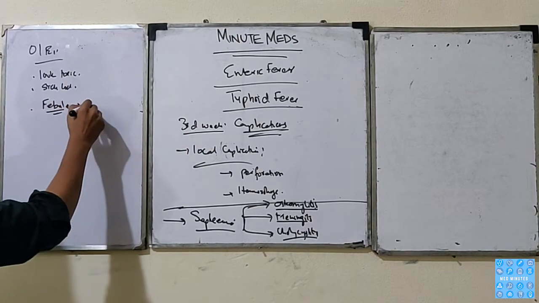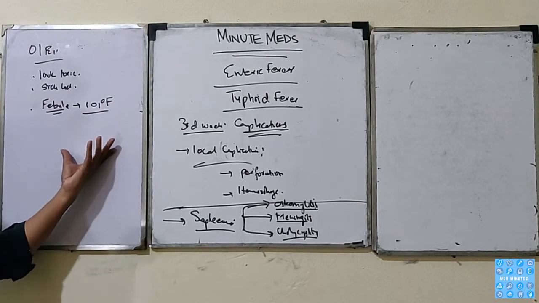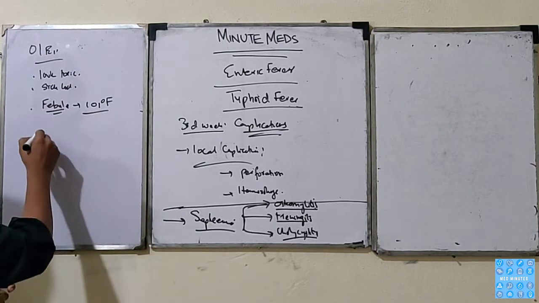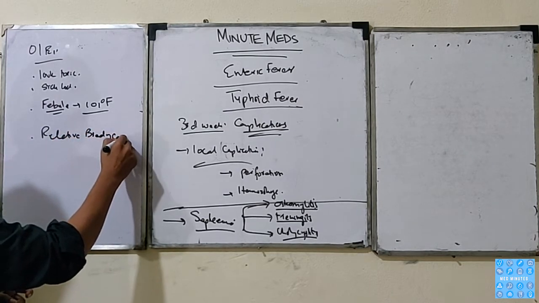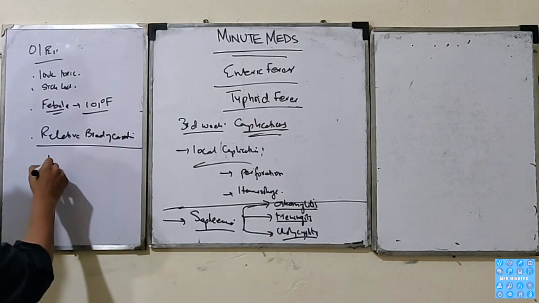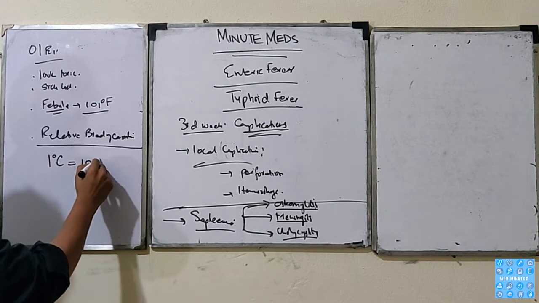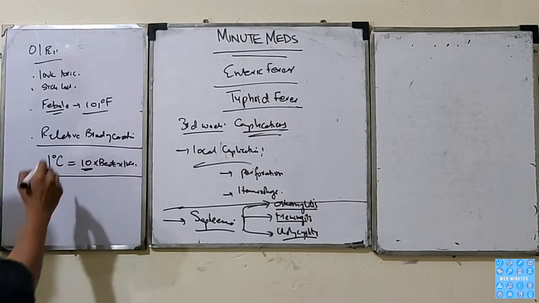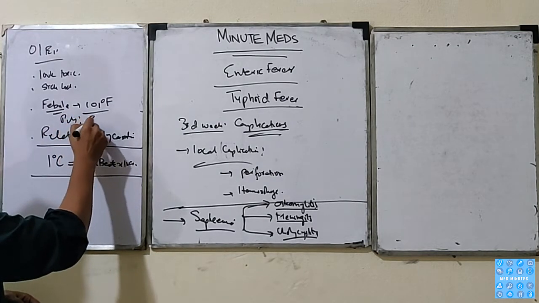Now we know that when a patient has a fever of 101 degrees Fahrenheit, for instance, there is tachycardia according to the degree of the fever. But in typhoid fever, there is relative bradycardia. Because for every degree rise in centigrade, not Fahrenheit, the heart rate is supposed to increase by 10 beats. But in this case there is relative bradycardia. The patient has a fever of 101 with a pulse of about 88 per minute.